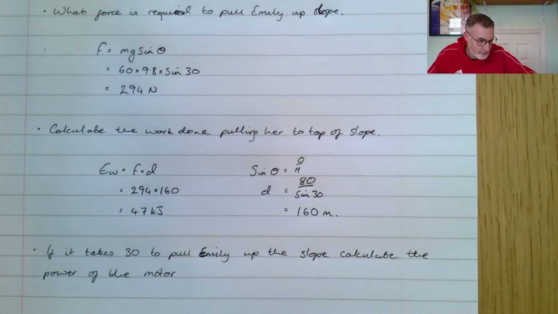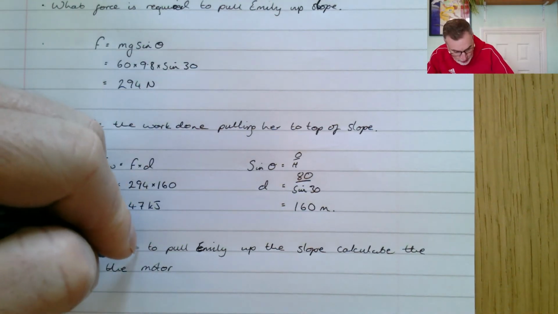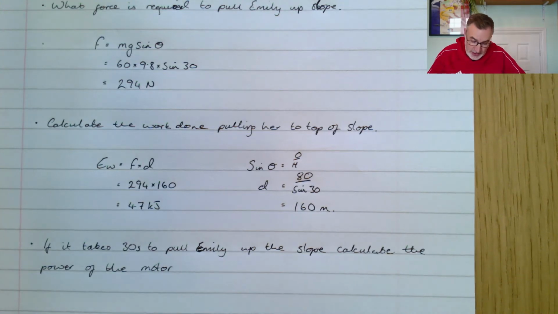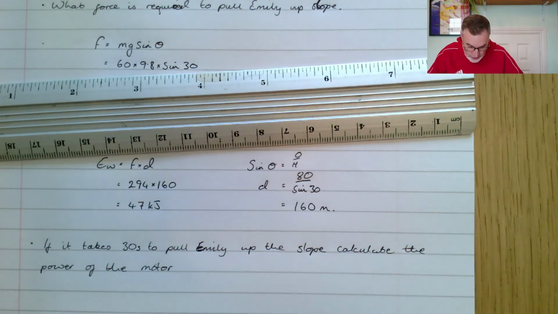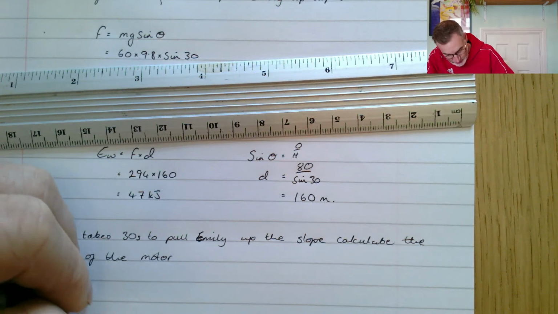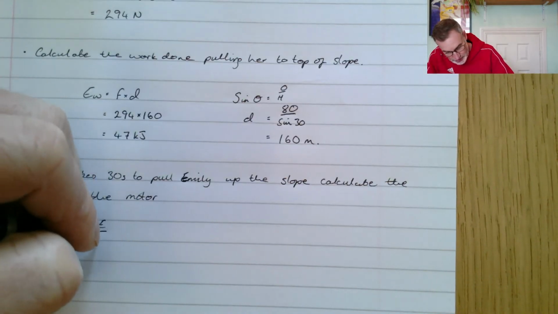Okay. If it takes 30 seconds to pull Emily up the slope, calculate the power of the motor. Now, in this case, we're going to assume no energy losses. I can do what I like, so let's just assume, to make it easy, that no energy is lost, and we will have power is equal to energy over time.